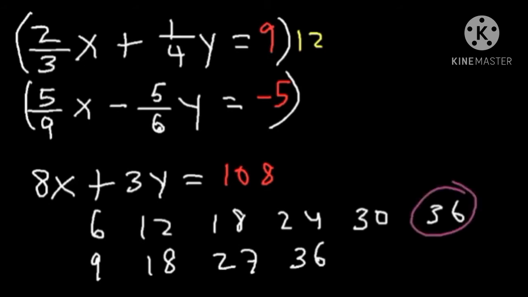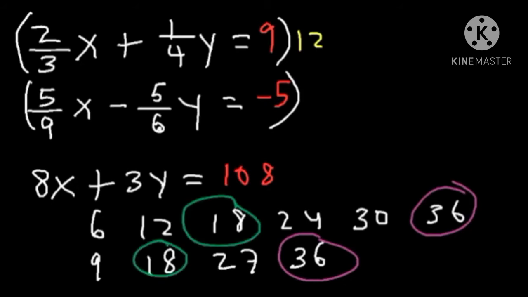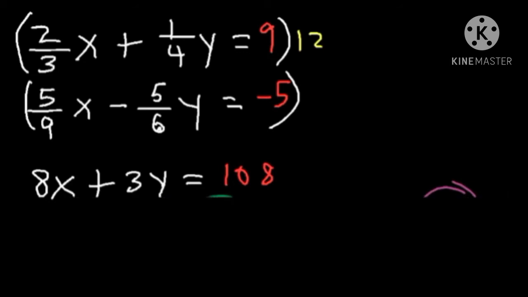So 36 is a common multiple of 6 and 9, but it is not the least common multiple. We could use it and still get the right answer, but it's easier if we use 18. That is the lowest common multiple of those two numbers. So let's multiply the second equation by 18.